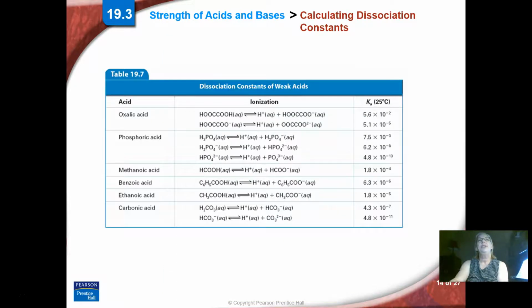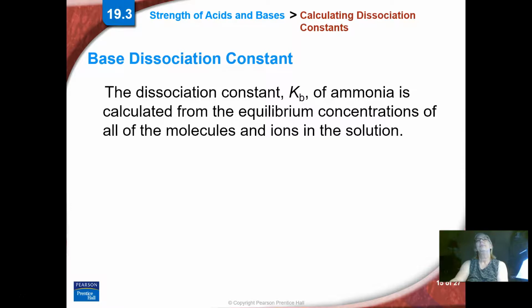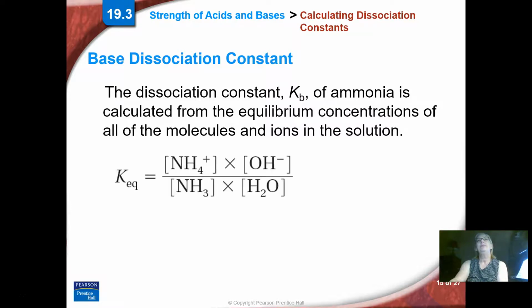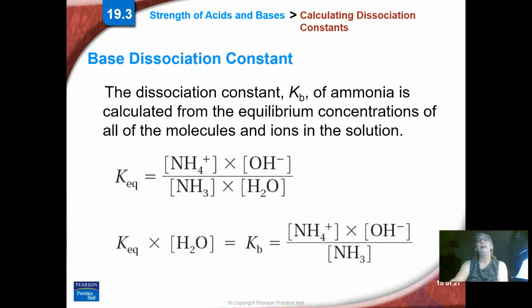These values are showing you some weak acid numbers that we should see when we do these kinds of problems. Very, very small numbers. The smaller the number, the weaker the acid. And we can do Kbs as well. Remember, Keq has everything involved in the reaction, but we're going to do Kb, which does not include the water molarity.